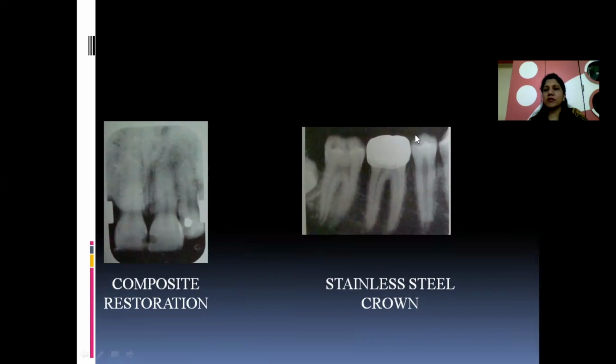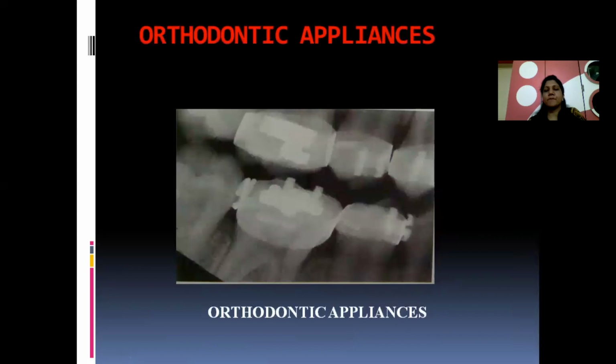Stainless steel crown. This is a crown which is placed on a single tooth. Here are the orthodontic bands. Now orthodontic bands appear as radiopaque structures.